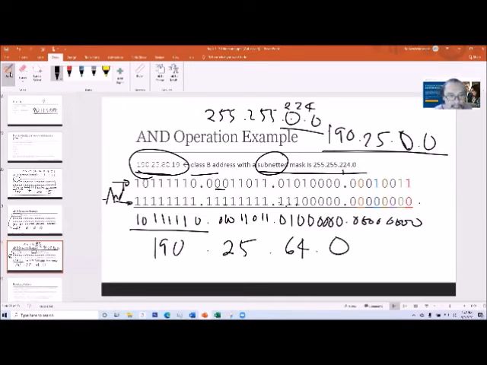So that means that this IP address now belongs to the network 190.25.64.0. It is not 190.25.0.0. So meaning this is wrong, and this is the correct answer. Okay. So I hope you can now determine that for a particular given IP with a different subnet mask, the result is not always 0. It results in a different number, and you look for that number.